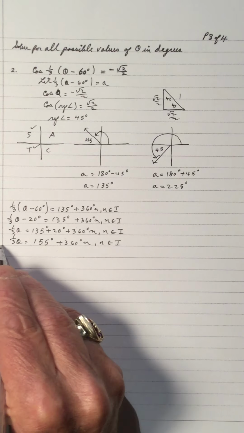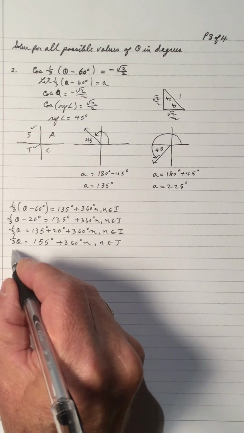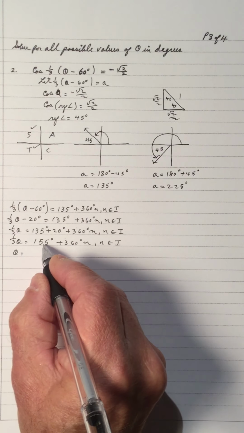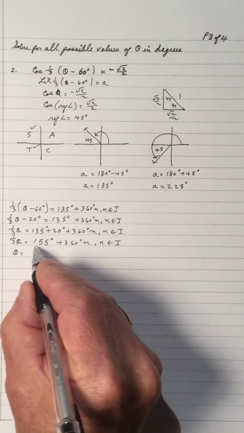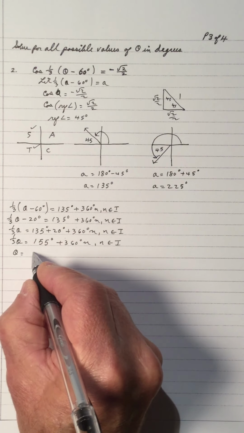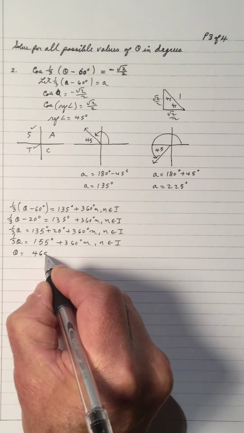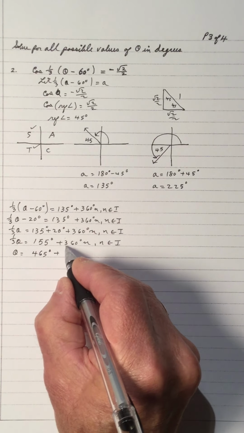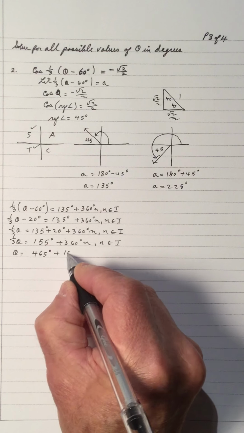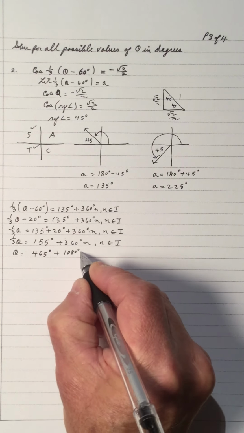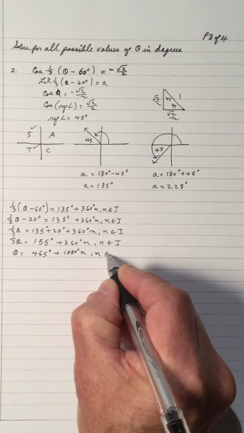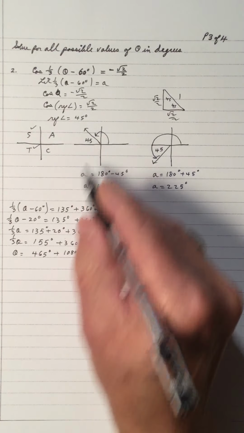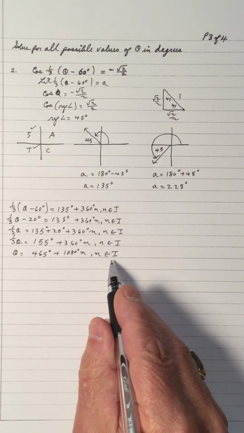And now we've got a 1/3, so I'm going to multiply everything by 3. 3 times 1/3 is theta. 3 times 155 is 465 degrees. 3 times 360 is 1,080. And for this angle here at 45, these are all the angles that fit.